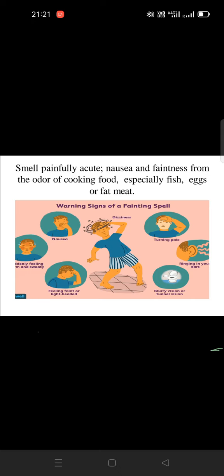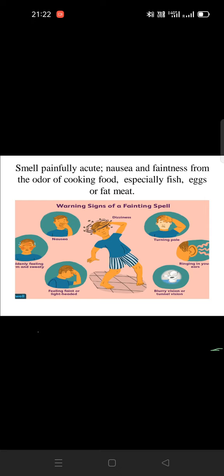Like in the previous years, we were suffering from corona. In case of corona, there was no smell. That is known as anosmia. And one more disease condition is there, that is known as Kallmann syndrome. In case of Kallmann syndrome, we will find anosmia.